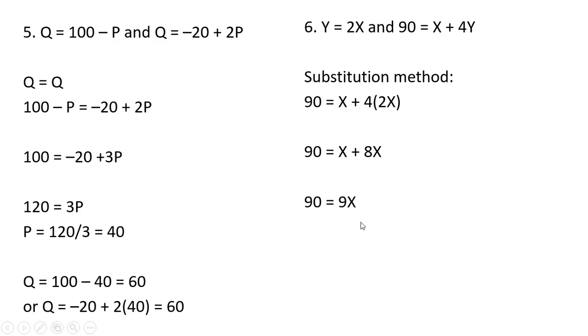Dividing through by 9, x equals 10. To get y, we'll just take this 10 and plug it in here for x. And there we go, y equals 20. Moving on.